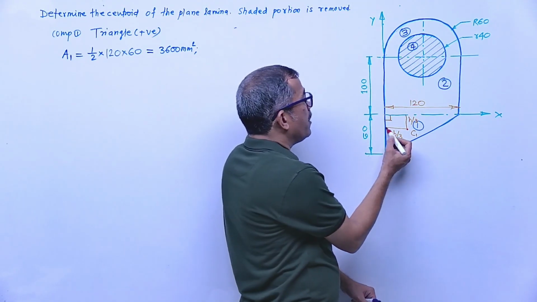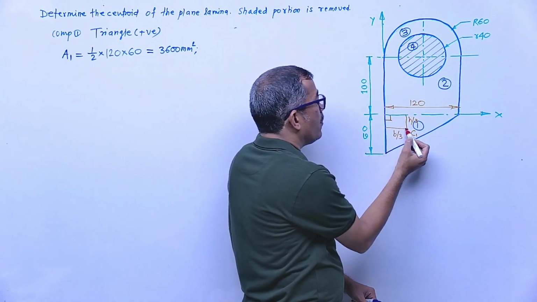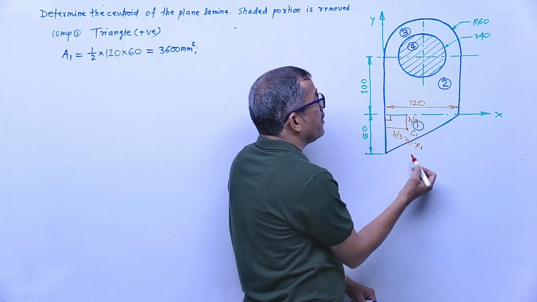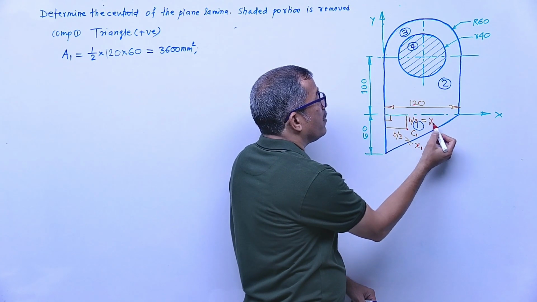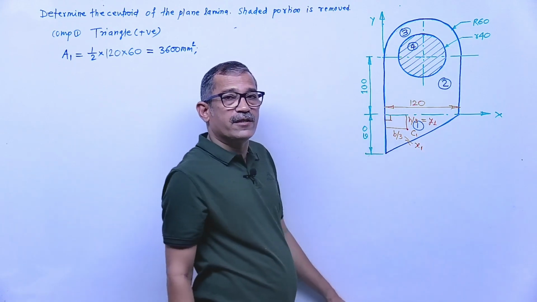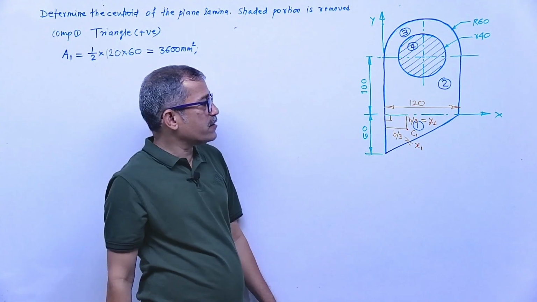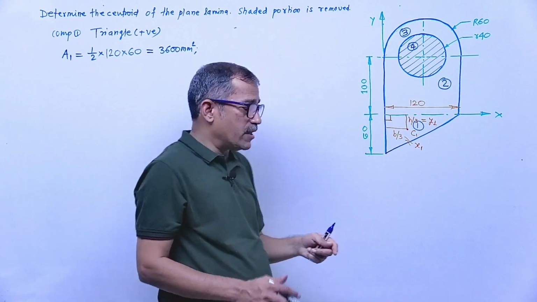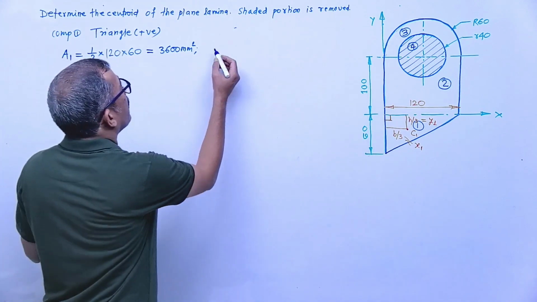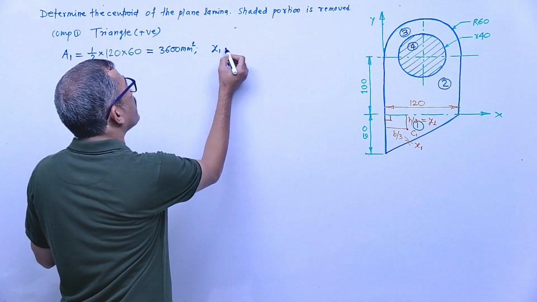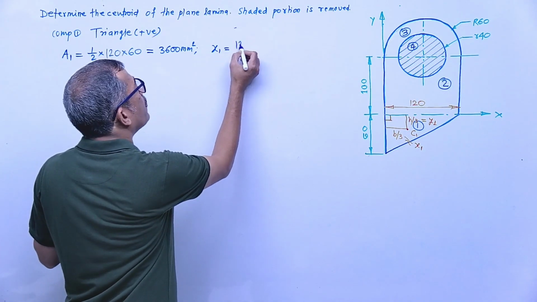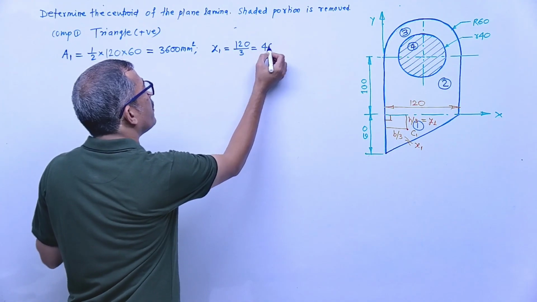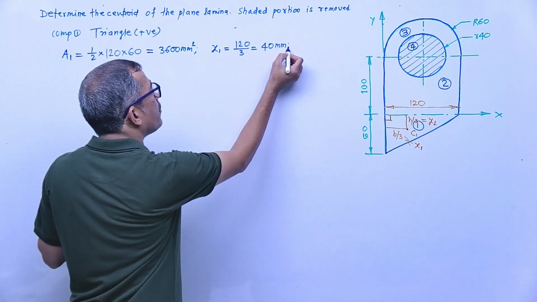Now B by 3, this horizontal distance, becomes x1. And this one is y1. The vertical distance is y, the horizontal is x. That means x1 is B by 3, which is 1/3 of 120, that means 40. And this is a positive value, on the right side.